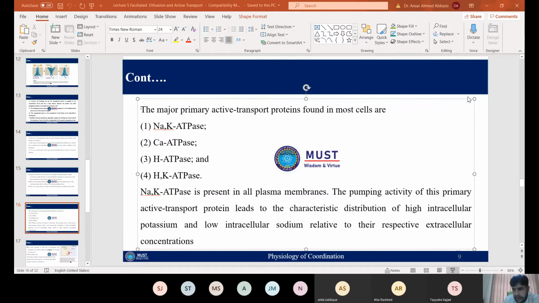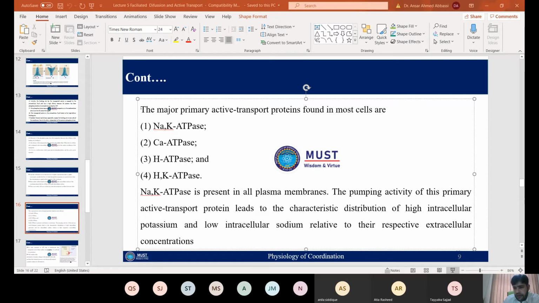And here is the concentration of the sodium and potassium. The extracellular concentration of sodium is 145 millimolar, and potassium is 4 millimolar, in some cases 5 millimolar. And when we talk about the intracellular concentration, sodium is 15 millimolar towards the intracellular side of the cell, whereas potassium is 150 millimolar. It means potassium is highly concentrated on the intracellular side, and sodium is highly concentrated on the extracellular side.